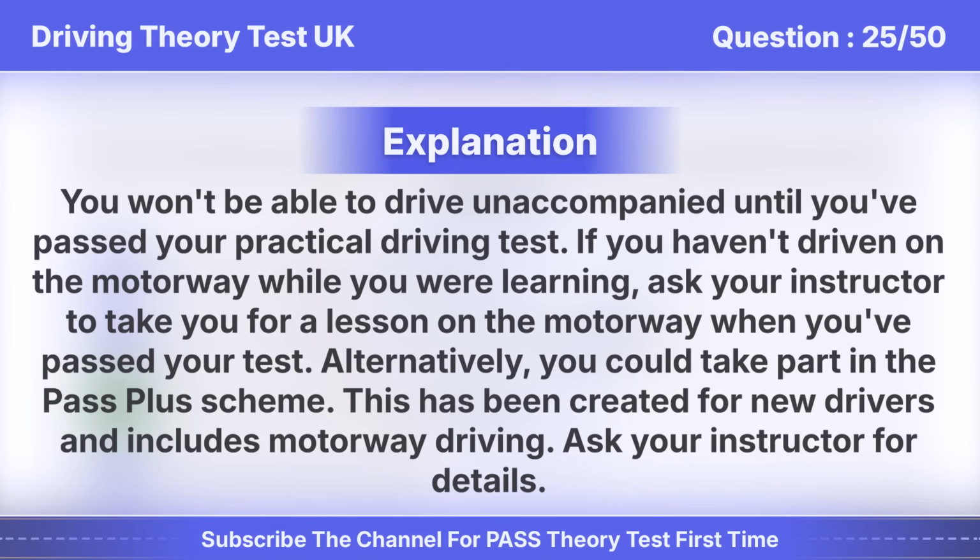You won't be able to drive unaccompanied until you've passed your practical driving test. If you haven't driven on the motorway while you were learning, ask your instructor to take you for a lesson on the motorway when you've passed your test. Alternatively, you could take part in the Pass Plus scheme. This has been created for new drivers and includes motorway driving. Ask your instructor for details.